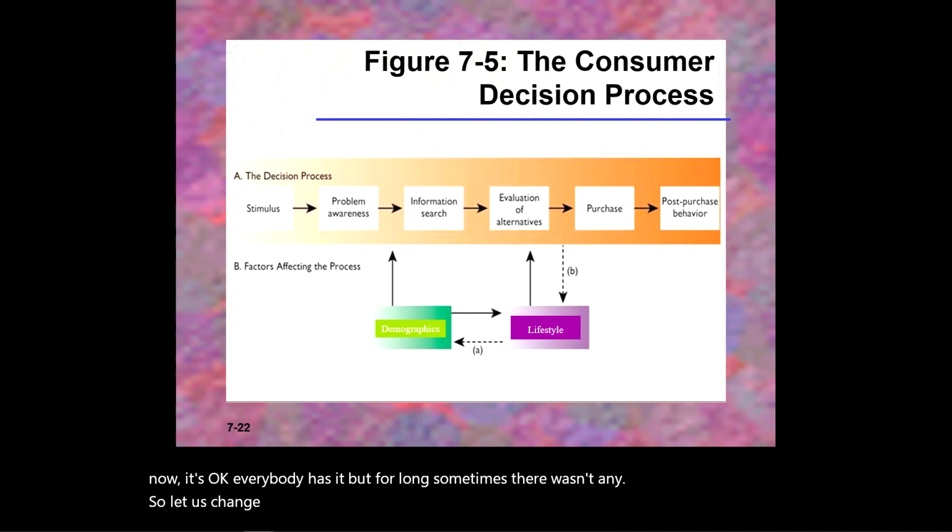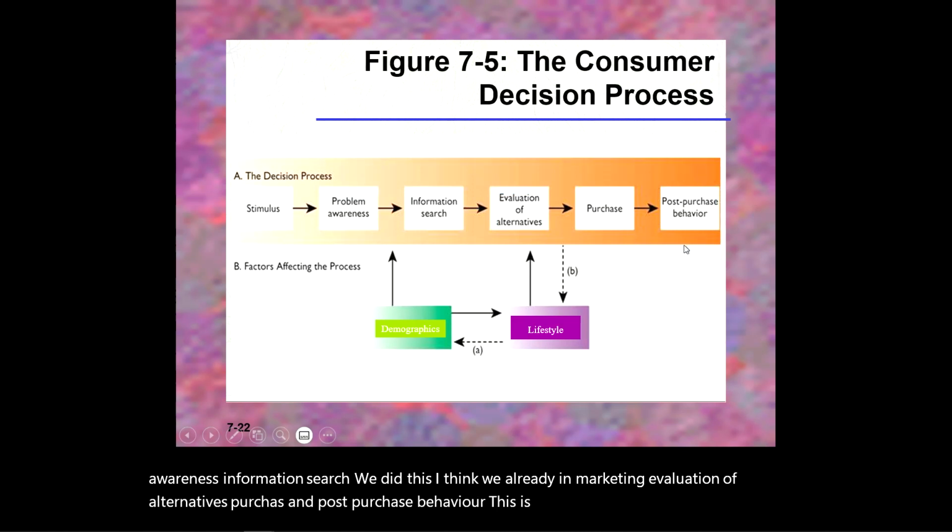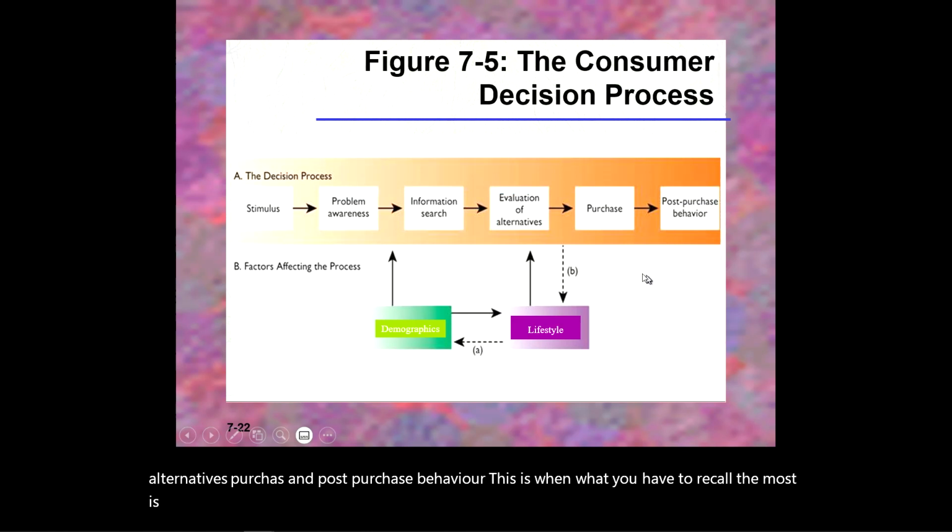Consumer decision process. This has not changed. Stimulus, problem awareness, information search. We did this already in marketing. Evaluation of alternatives, purchase, and post-purchase behavior. This is what you have to recall the most: post-purchase behavior. It's like if you were hungry, right?